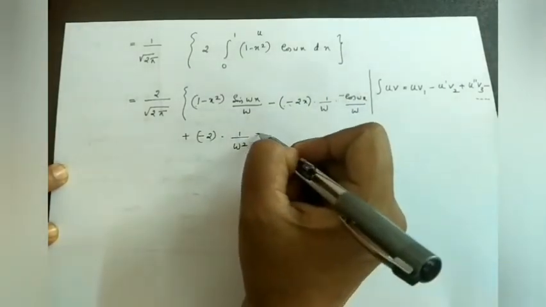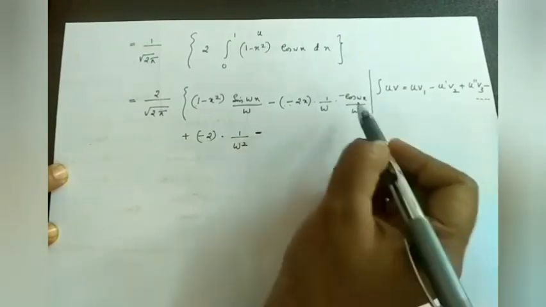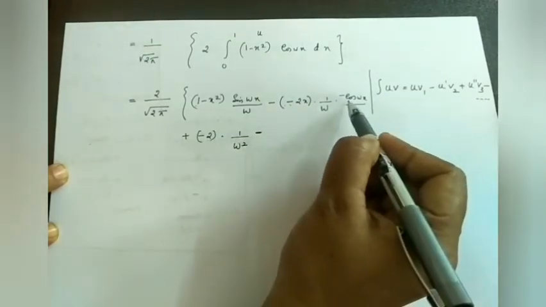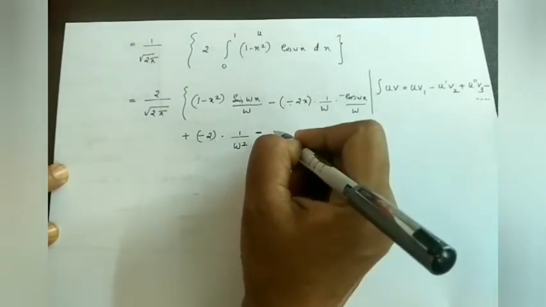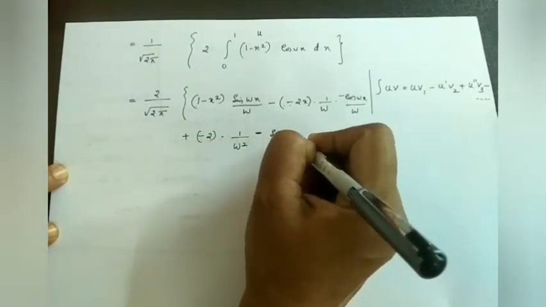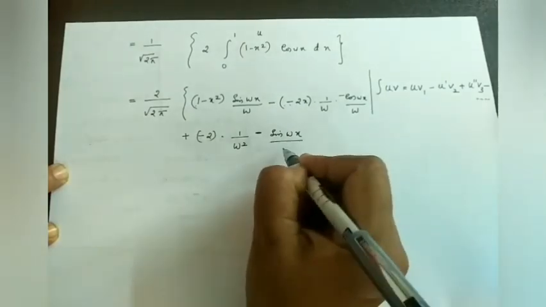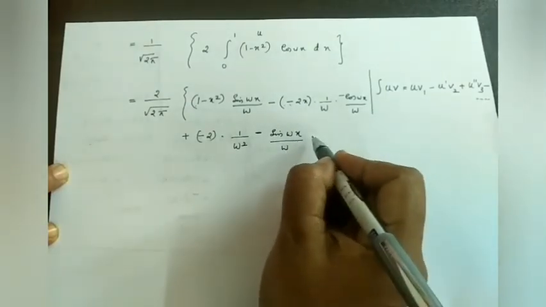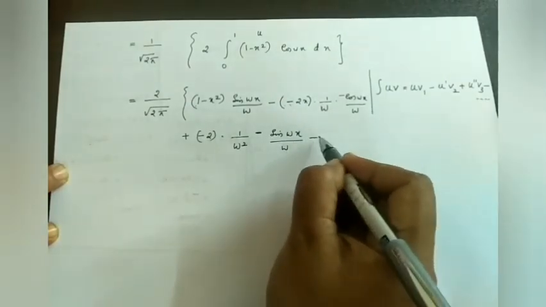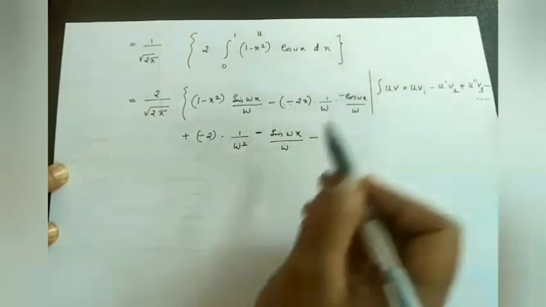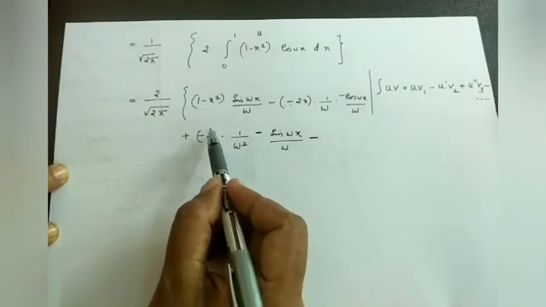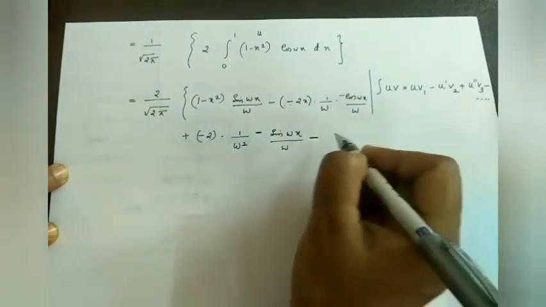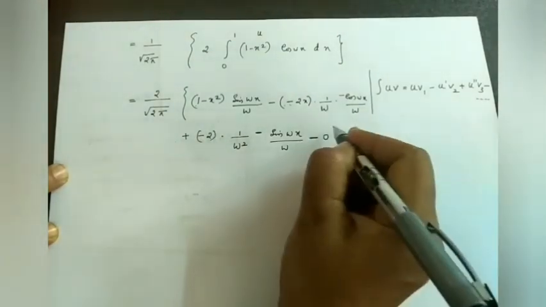Then a minus sign here. Now the integral of cos omega x is again sin omega x by omega. For the fourth term, we put a minus sign, that is in the formula. Then derivative of minus 2 is 0. We can stop there.